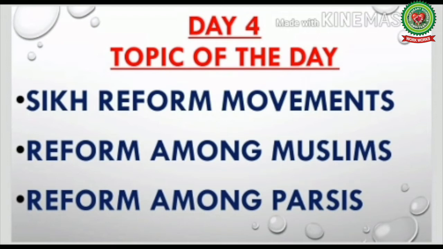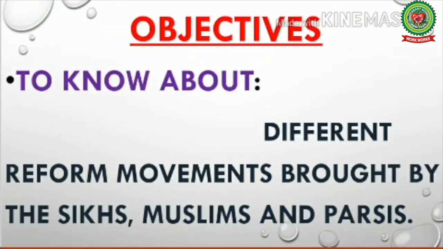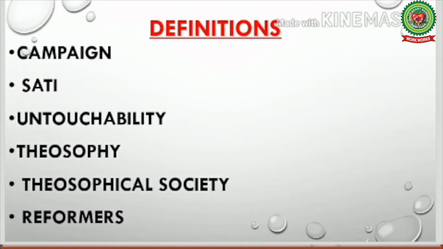And today the topic of the day is Sikh reform movements and reform among Muslims and Parsis. The main objectives of today's topic are that you will come to know about different reform movements brought by Sikhs, Muslims, and Parsis. But before discussing today's topic, let us recall definitions and cross questions related to the previous topics.